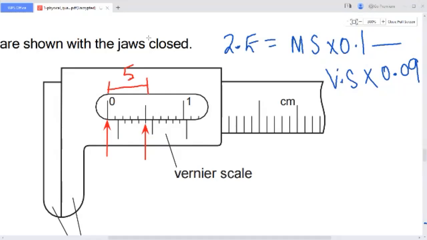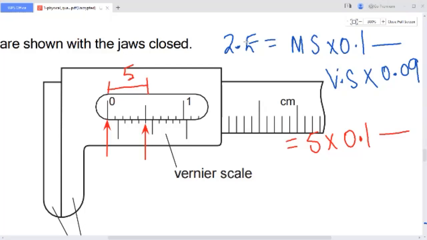So 5 multiplied with 0.1, minus the Vernier scale.